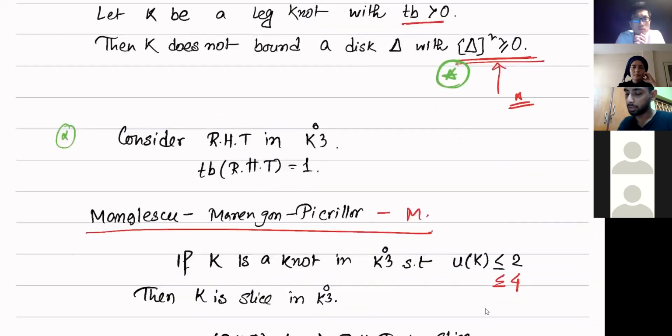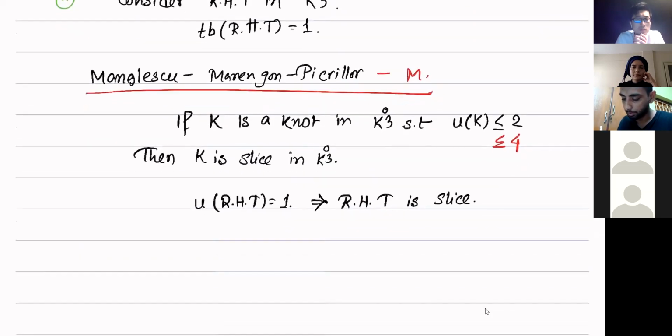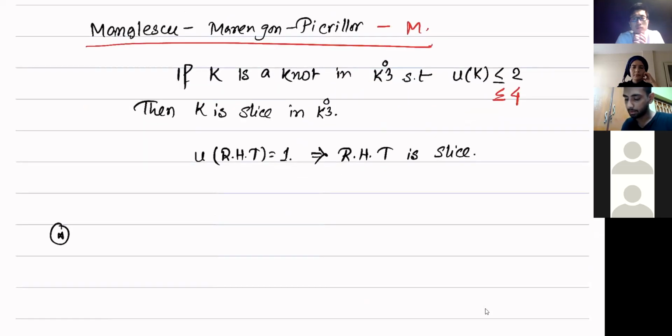So again, notice that if you know a little bit of symplectic geometry, then you know that E1 is a famous elliptic surface, which is CP2 connected sum 9 CP2 bar.